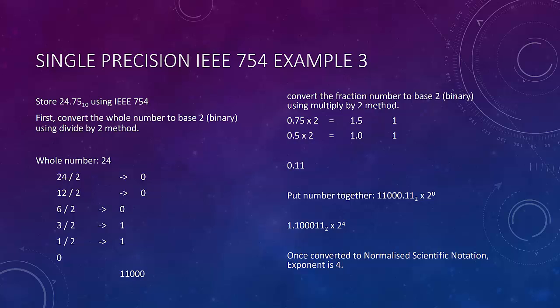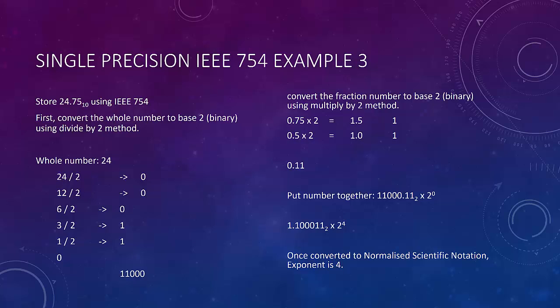0.5 times 2 gives us 1. Again, whole number part is 1. So the 0.75 is represented by 0.11 in binary. You now bolt the 2 parts together, so we've got 11000 representing our 24, 0.11. So now that's 24.75.